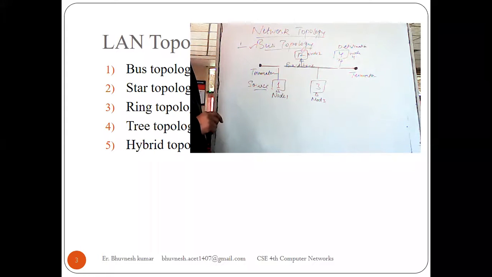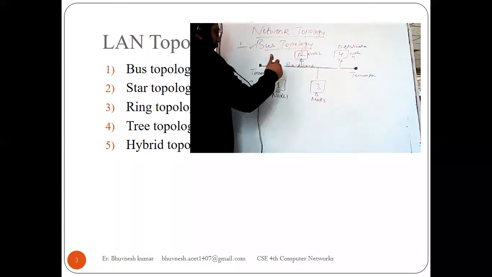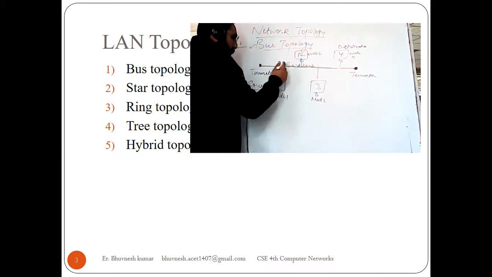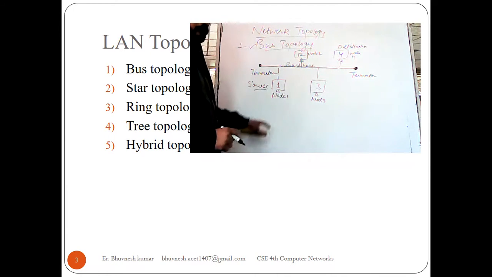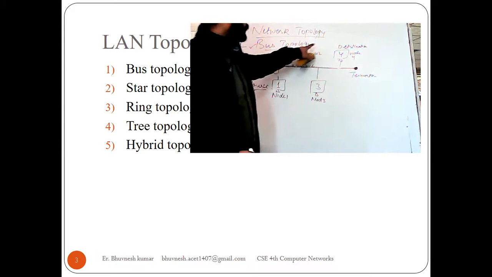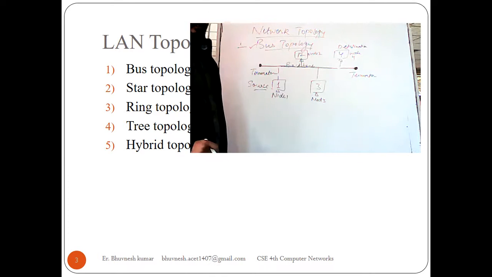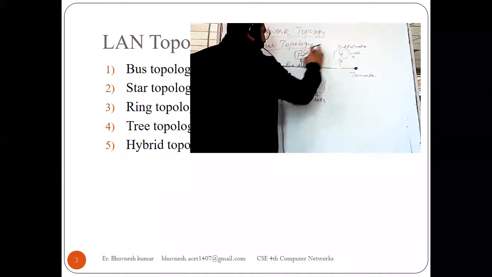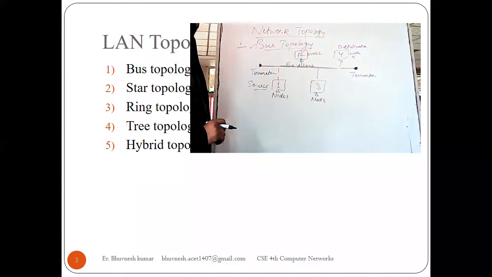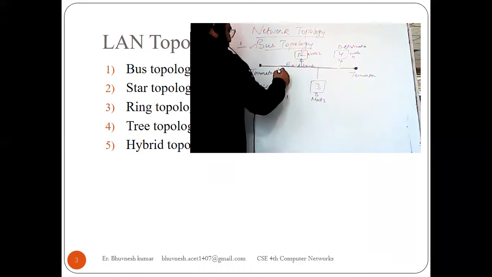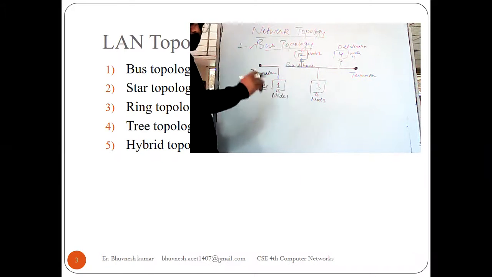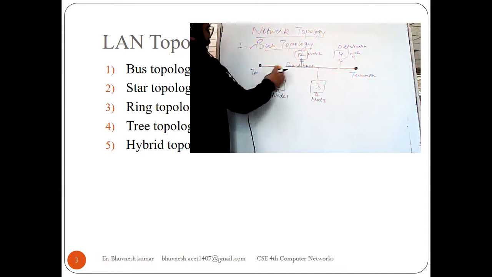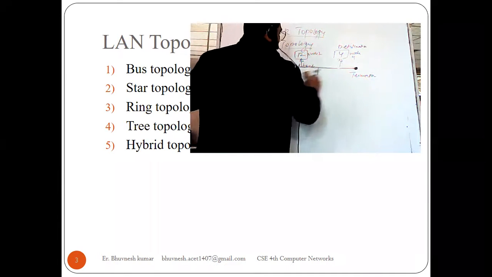And there is an advantage: if your backbone is okay, but the cable connection of your node 1 breaks, then the remaining PCs can communicate with each other. If this cable breaks, then the remaining three PCs can communicate with each other. But if the backbone breaks, then the whole system is destroyed. These are the advantages and disadvantages of bus topology.